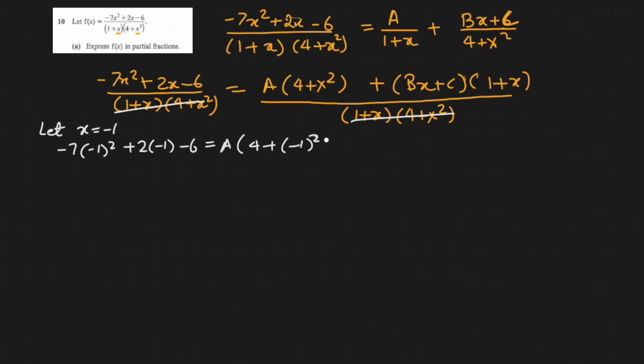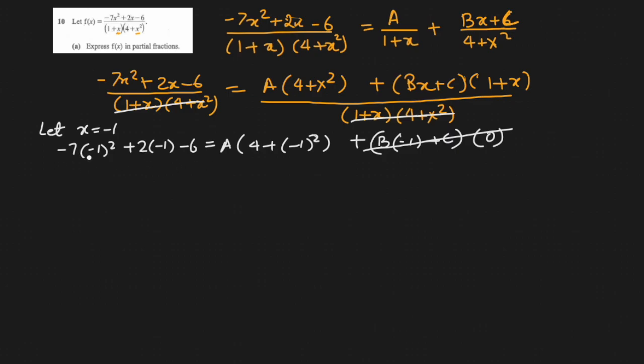Keep in mind it should be in a bracket, because the square is being applied to the whole of x, and x is minus 1 including the minus, so that has to be squared as well, plus (B times minus 1 plus C) multiplied by (1 plus minus 1), which is 0. That was the purpose, to make it 0. This whole term becomes 0.